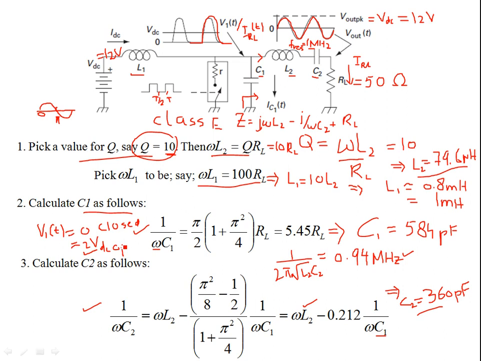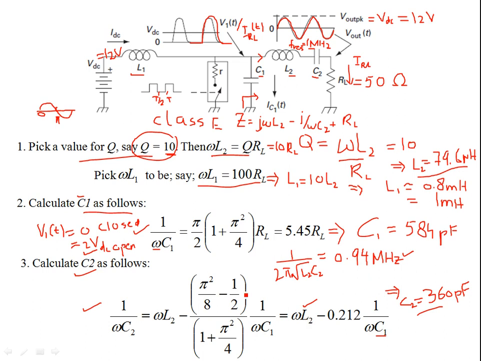So based on this condition for half cycles, we have these two equations for C1 and C2, and from there we can calculate C1, C2, and correspondingly the L2 values. Just plug it in and find C1, C2.